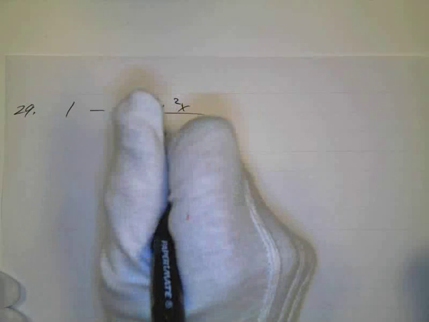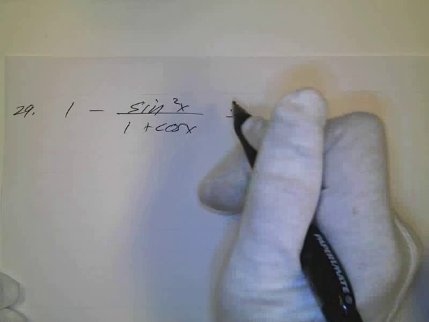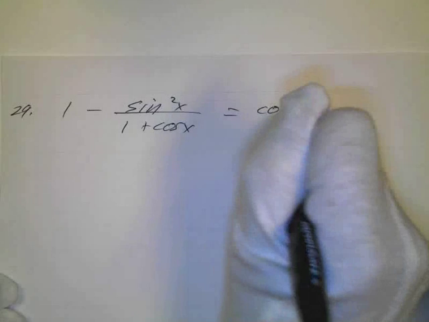This was 1 minus the sine squared of x over 1 plus the cosine of x, and I want to show that that's equal to the cosine of x.